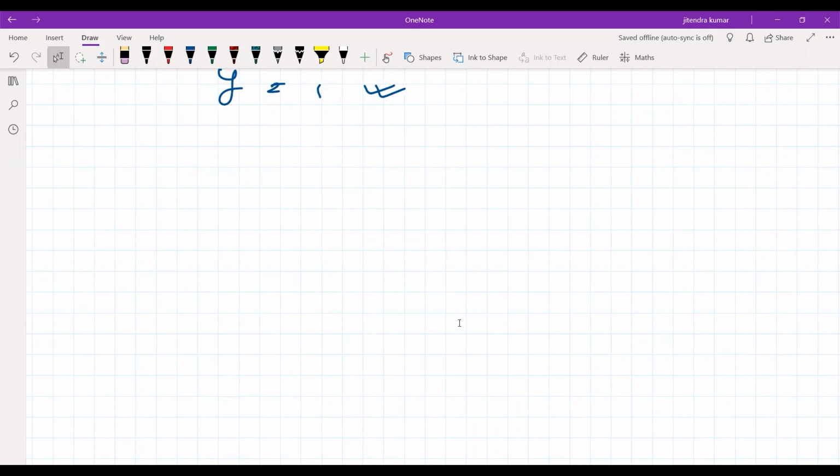So please try this one: 11x plus 15y is equal to minus 23. Yes, it is necessary to be in standard form if you are applying the formula directly.